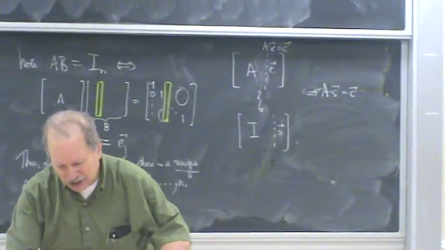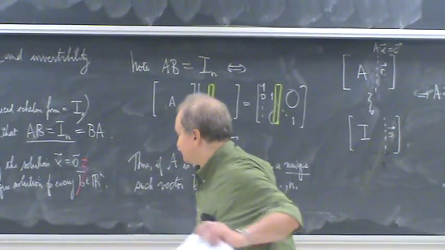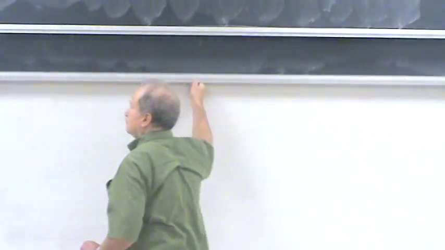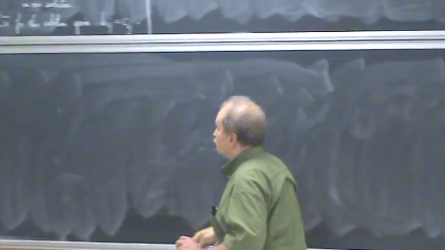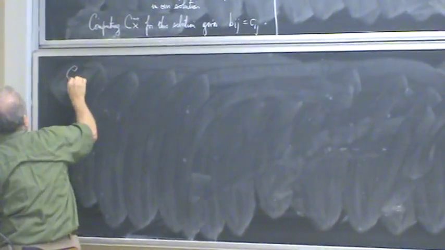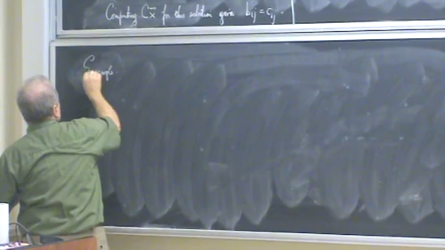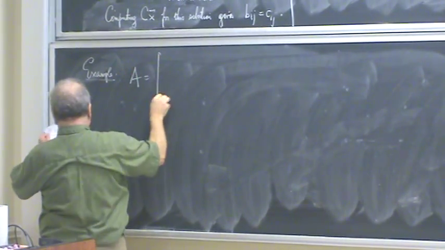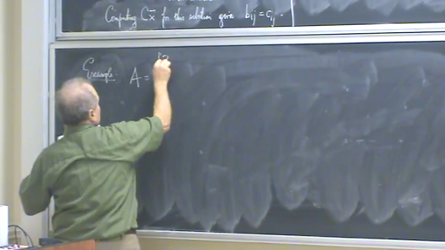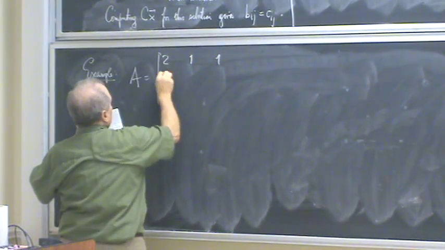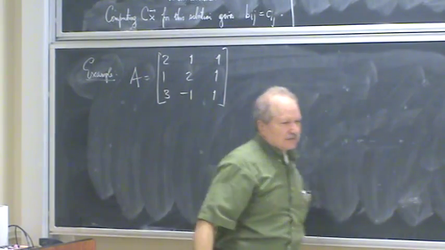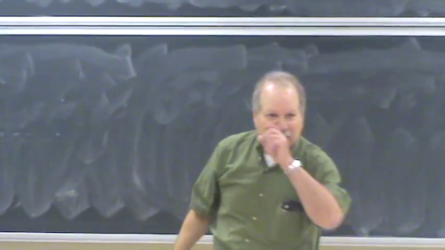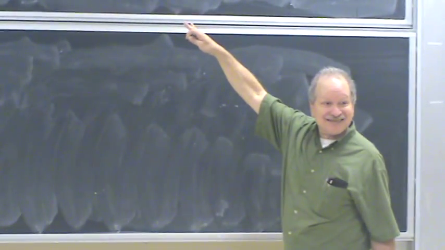So I'm actually going to put a matrix on the board now. Let's say A is this matrix, which I hope I have no typos in: 2, 1, 1, 1, 2, 1, 3, negative 1, 1. So I say to myself, I'm going to try to do this algorithm.